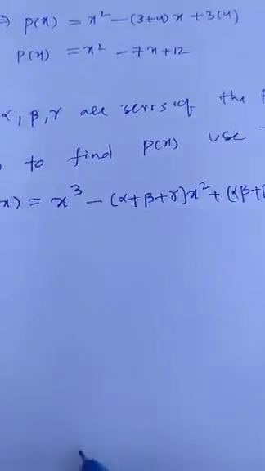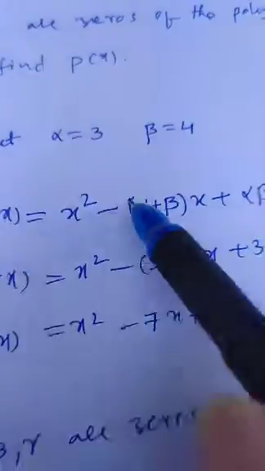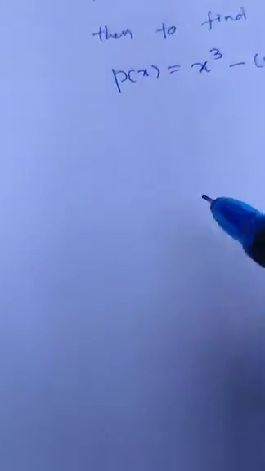Use this formula when three zeros are given. So this note is important. If you have three zeros, use this formula. If you have two zeros, then use the earlier formula to find the polynomial.